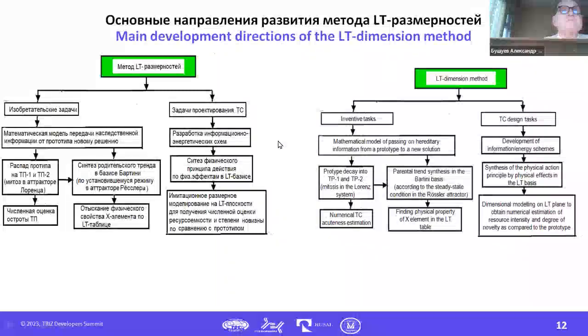So what was achieved in the technical direction? Inventive tests and also design tests. I won't talk a lot about design tests, I don't have enough time, but as for inventive tests, we go on to the math model of passing on hereditary information from prototype to a new solution, and prototype decay and parental trend.